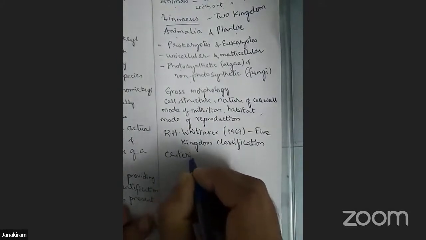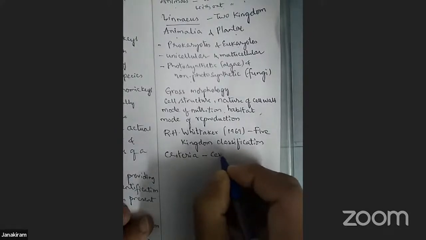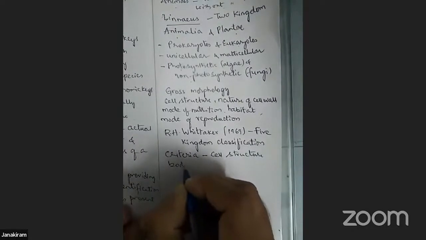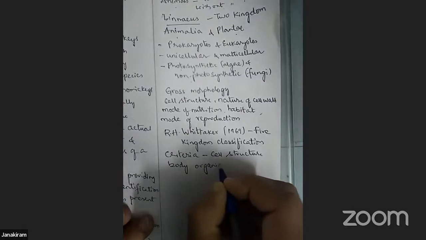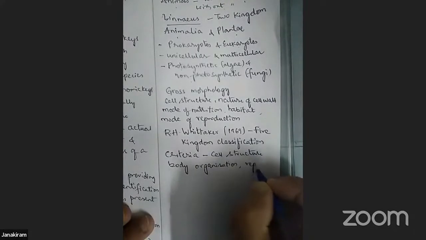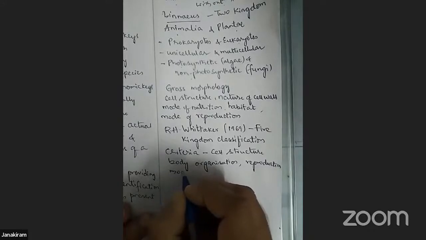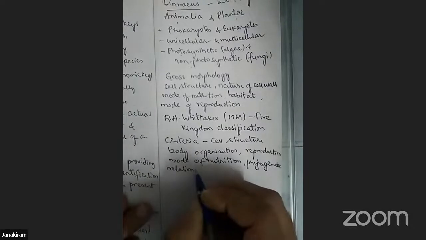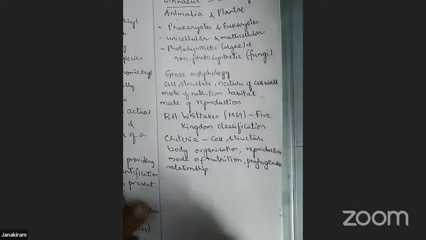The criteria considered were cell wall, cell structure, body organization, reproduction, mode of nutrition, and phylogenetic relationships, that is, the evolutionary changes that take place in the course of evolution. These are the criteria that were followed by the scientists for classification.